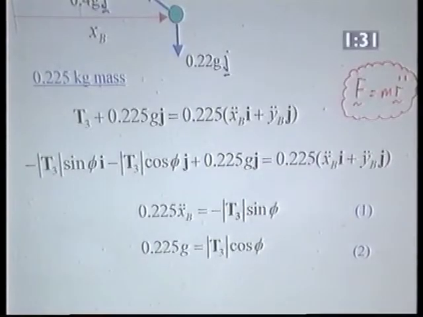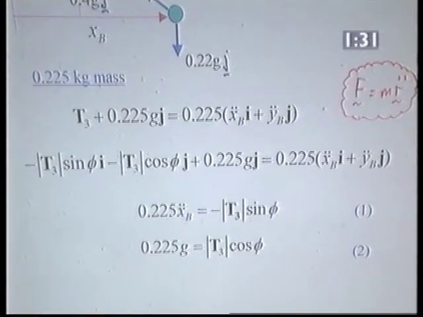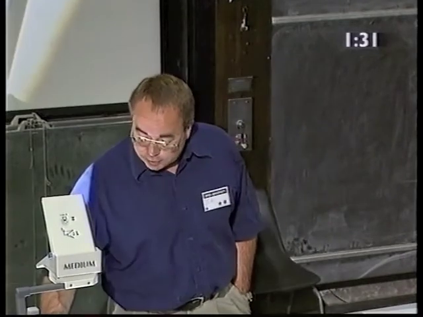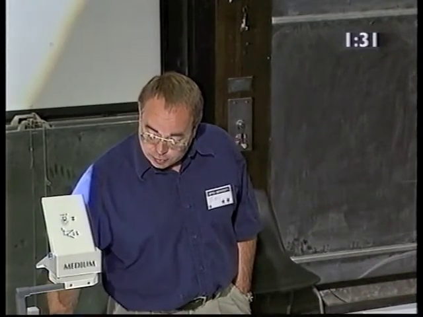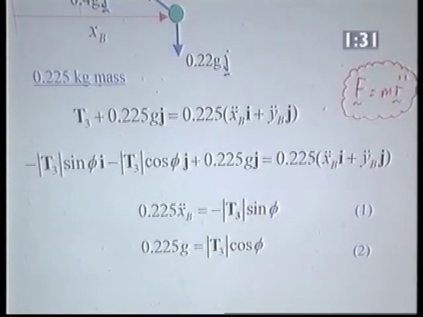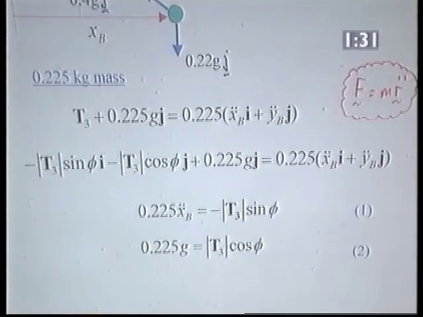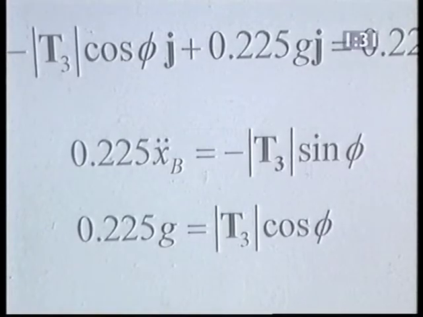Vertically, we've got two j terms and a yb double dot, the vertical component of the acceleration of the bottom onion. If we make the assumption that that's 0, we've effectively got statics in the vertical direction. So then we've got minus T3 cos phi plus 0.225 g equals 0, therefore T3 cos phi equals 0.225 g.